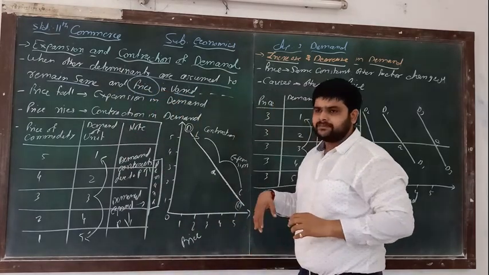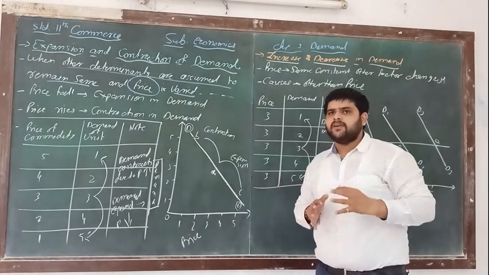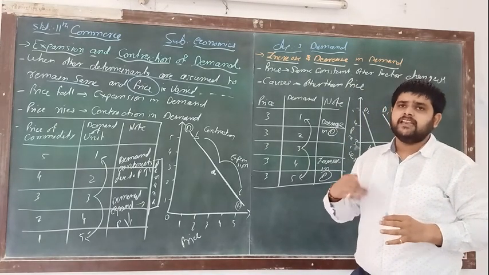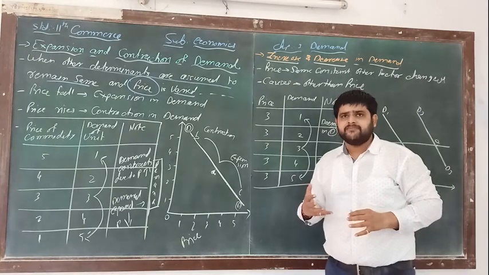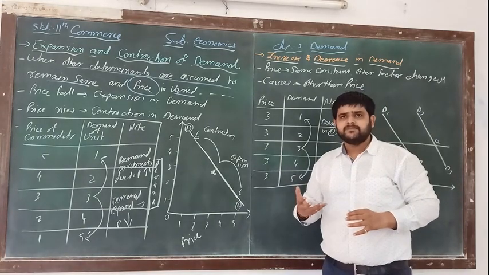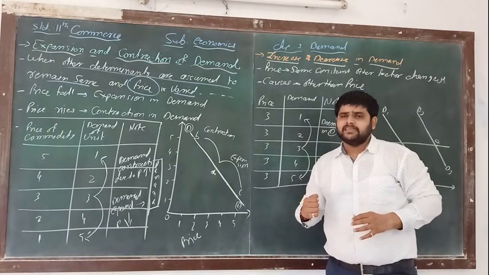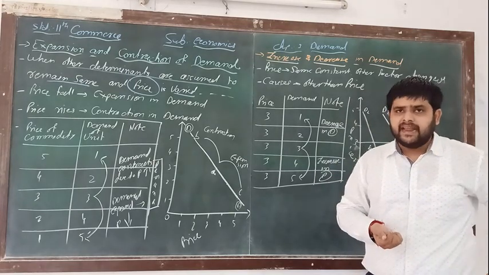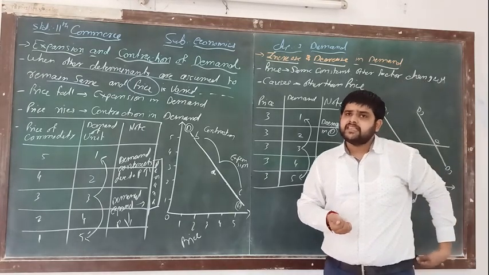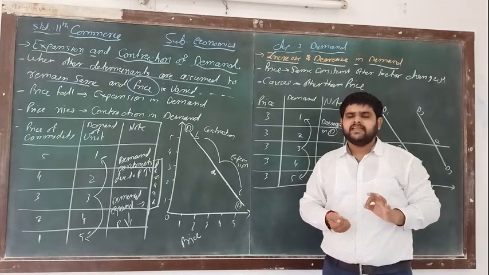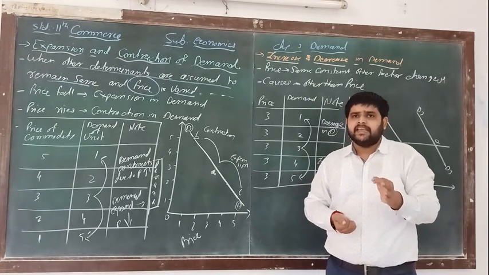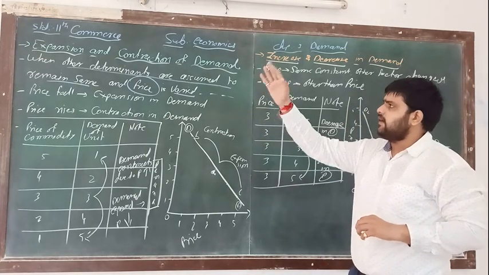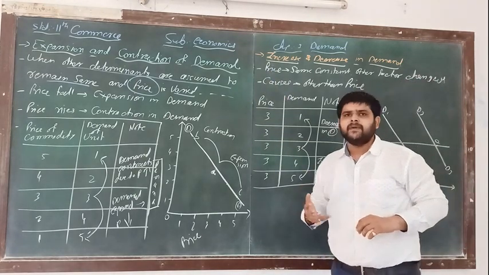It means other factors other than price, such as consumer taste and preference and consumer's income, all remain the same. And if there is a change in price, price varied, then we can say it's an expansion or contraction of demand.